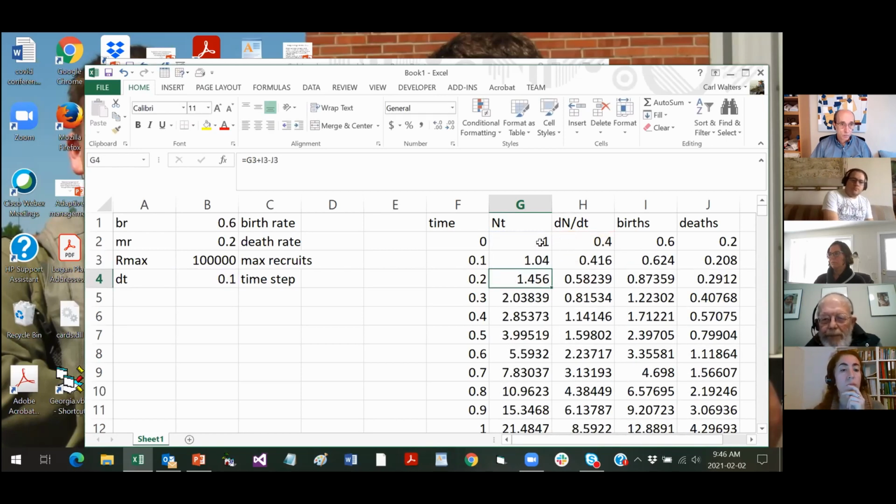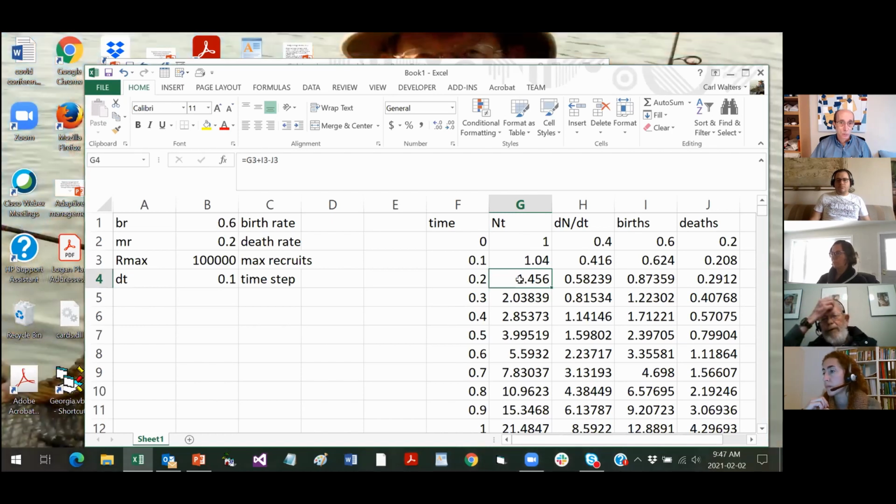So it says, okay, if you just went 1/10 of a year applying this rate of change of 0.4, you'd only grow by 0.04, 10% of that. If you go by 0.4 over a year, it'd be 0.04 over 1/10 of a year.